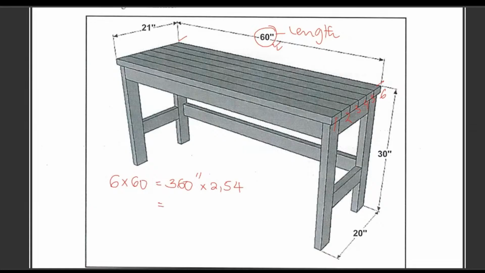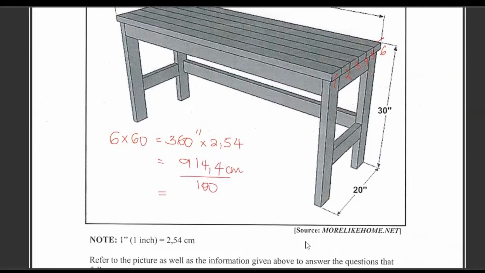So here you end up having 360 times 2,54. You have 914,4. These are centimeters. In other words, divide by 100. Divide by 100, you end up having 9,144 meters.